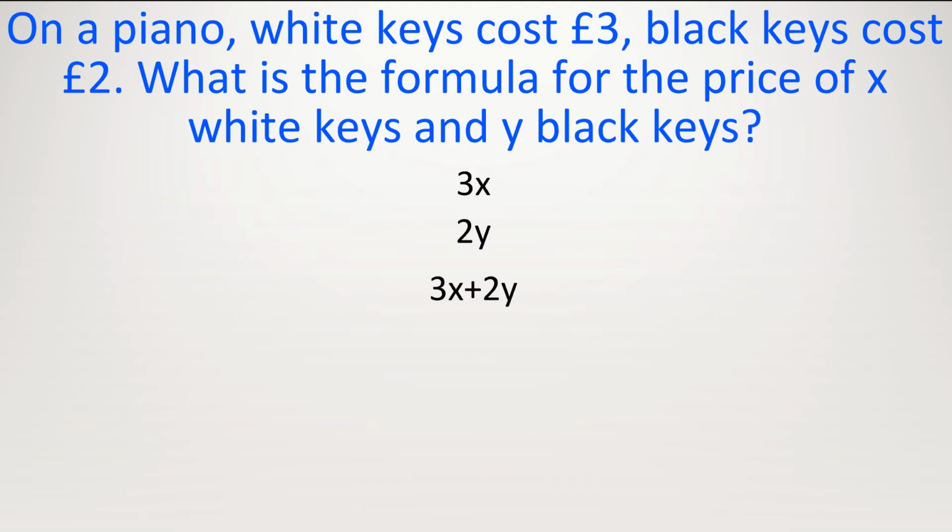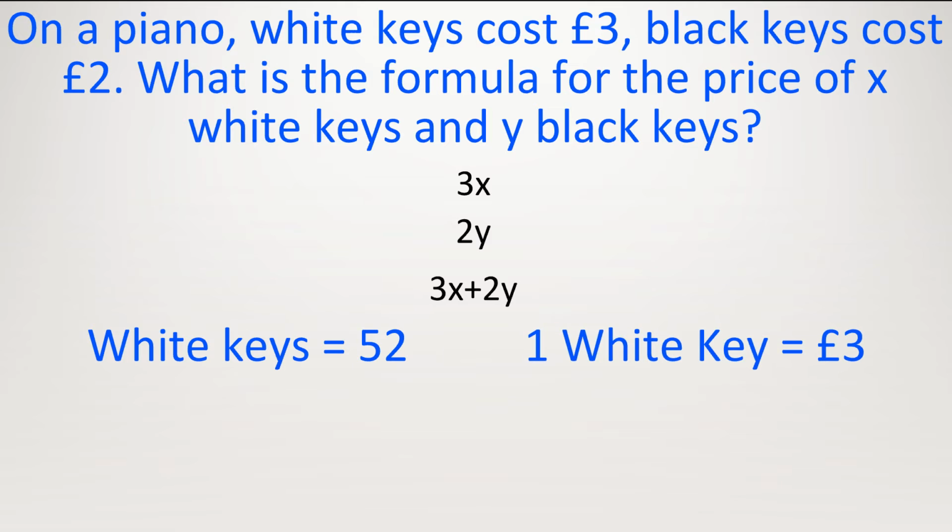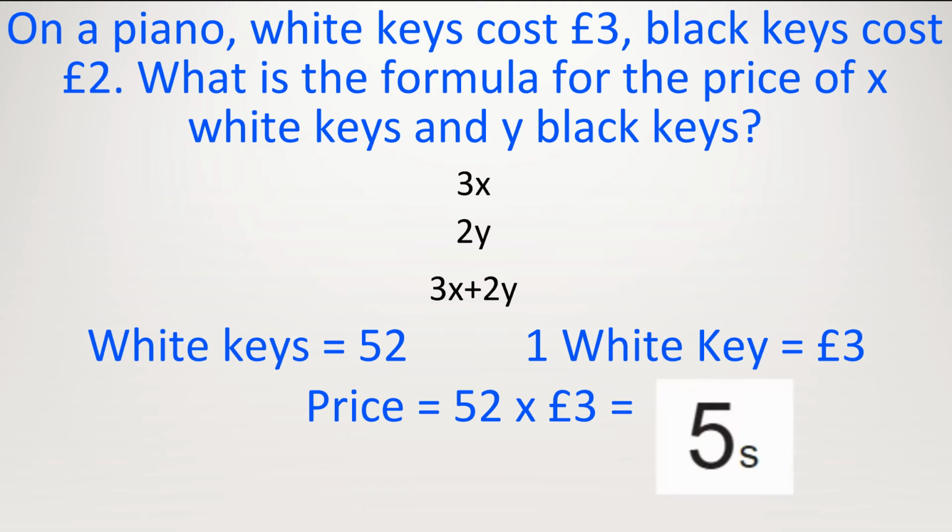Let's put in the number of white keys and black keys on a piano. For white keys there are 52. It costs £3 for one white key, so let's do 3 times 52 equals what? I'll give you 5 seconds. £156.